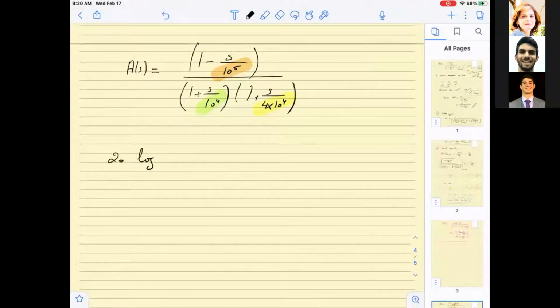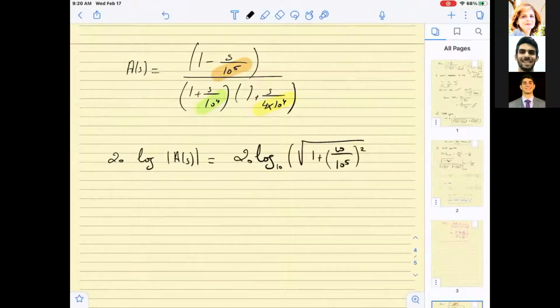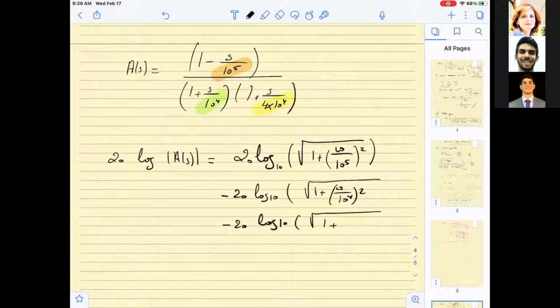So 20 log magnitude of A of s is really going to be equal to 20 log base 10 of the square root of 1 plus (omega over 10 to the 5) all squared, minus 20 log base 10 of the square root of 1 plus (omega over 10 to the 4) all squared, and minus also for the last term 20 log base 10 of the square root of 1 plus (omega over 4 times 10 to the 4) all squared.